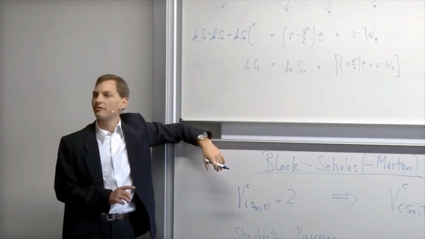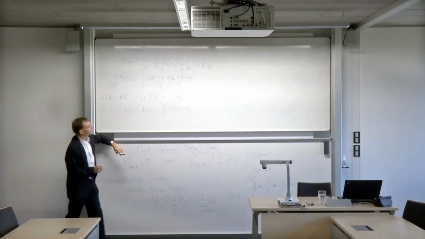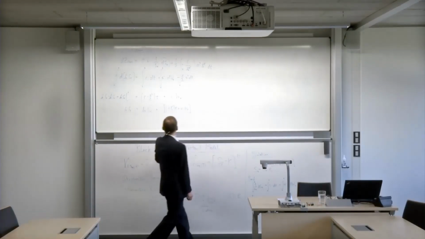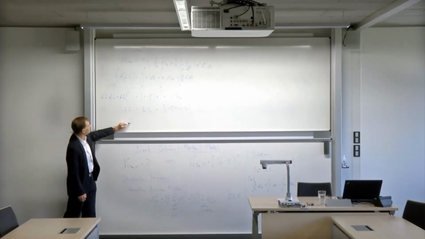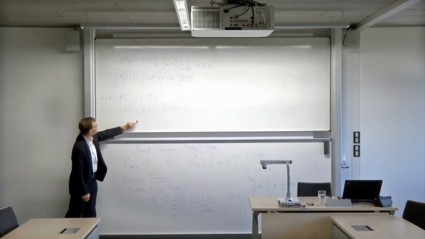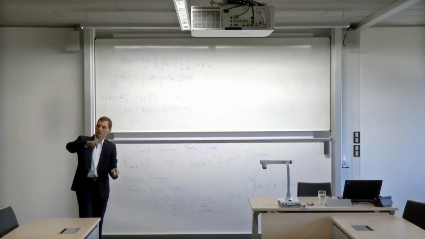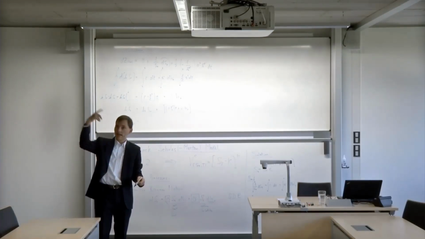And now we are very close to the solution. Why? Because here we have the log, and what I want to have is just the stock price, not the log of the stock price. So I have to do the reverse, and that is exponentiating.